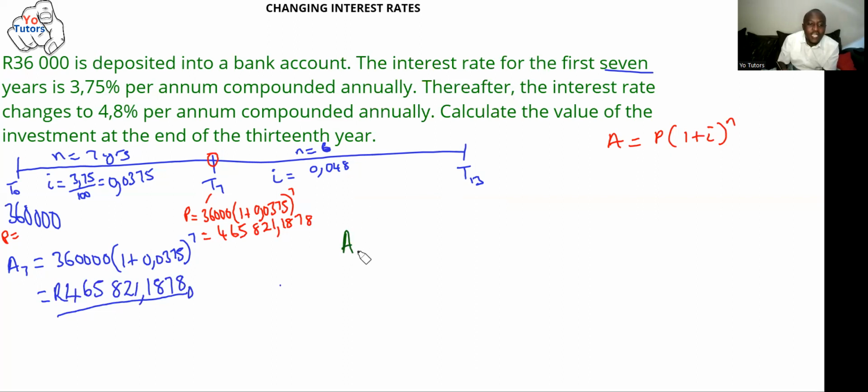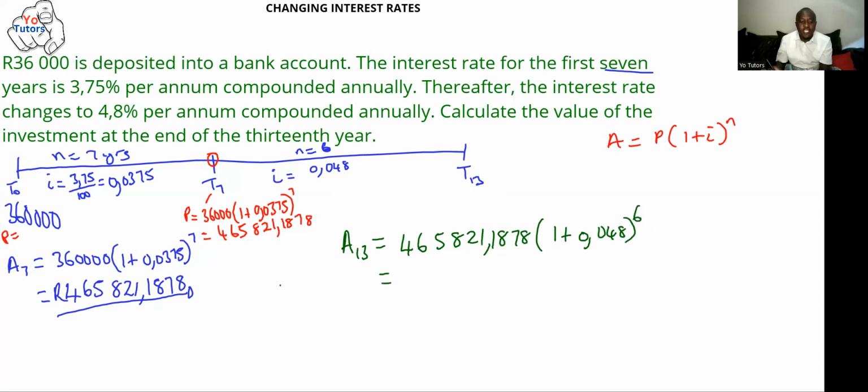The accumulated amount after 13 years is going to be that principal amount, 465,821.78, in bracket 1 plus the new interest rate, 0.048, to the power of 6.